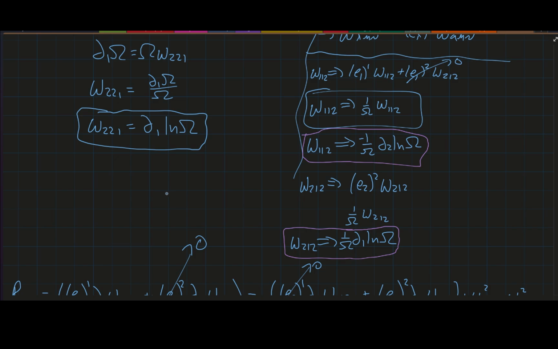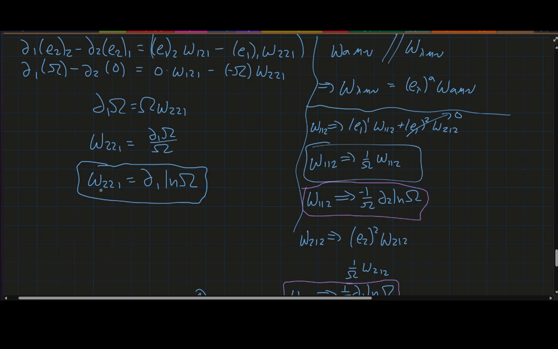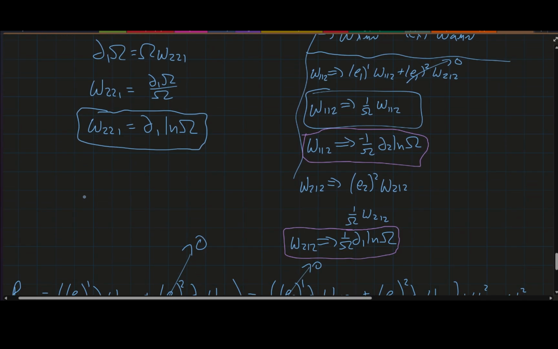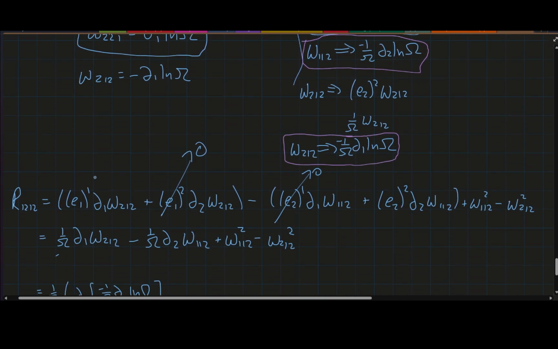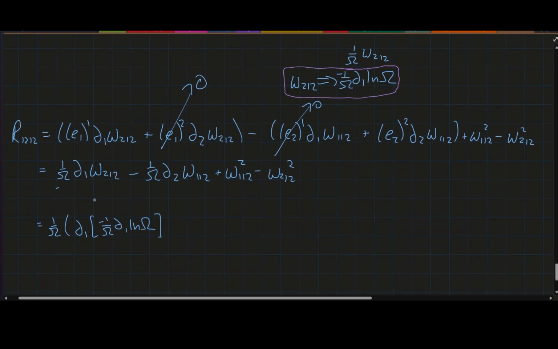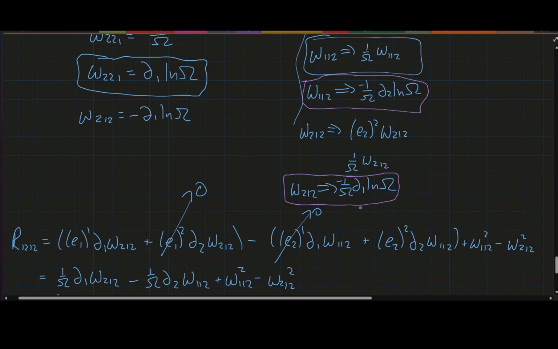Oh, I switched. 2, 1. Oh, there should be a minus sign here if we're doing it in terms of 2 and 2. Okay. So this will be minus because W212 is minus del 1 ln omega because of the anti-symmetry property. And 2 and 2 is what we actually end up working with. Yes, so what I've written down is correct, but it's important to remember the minus sign.